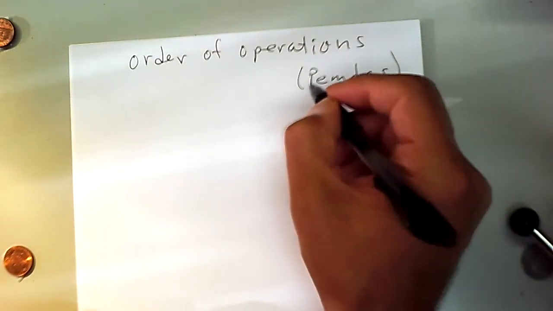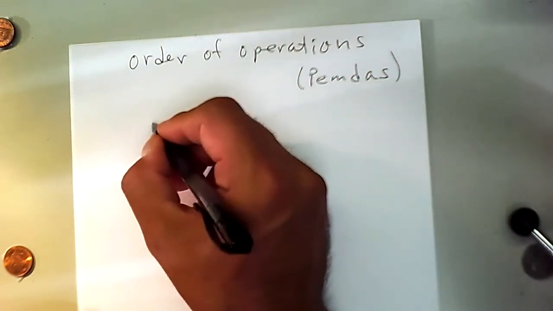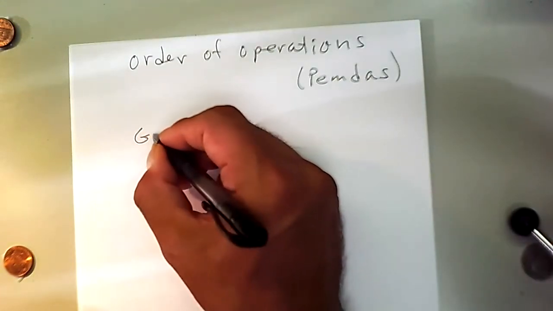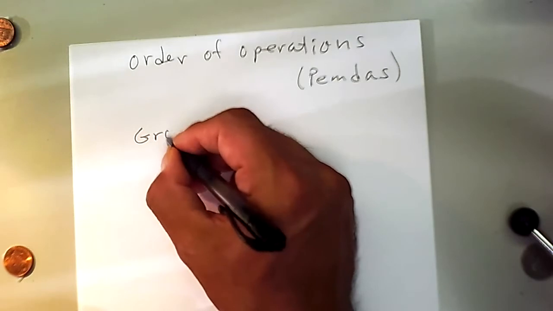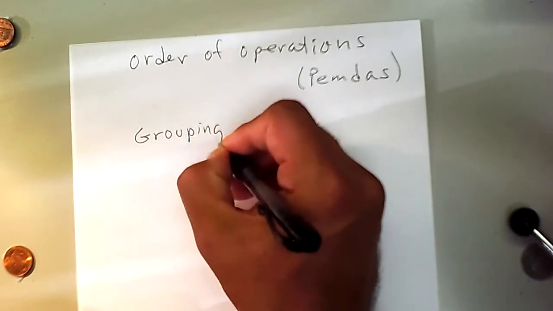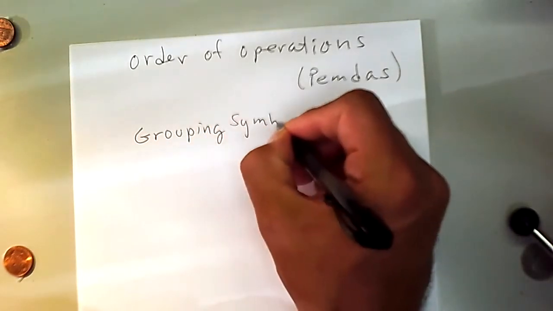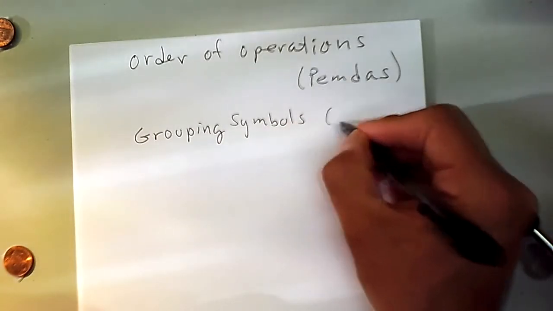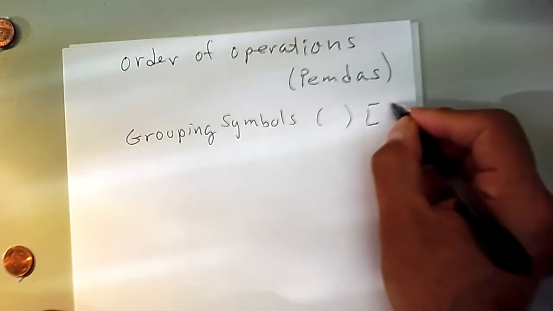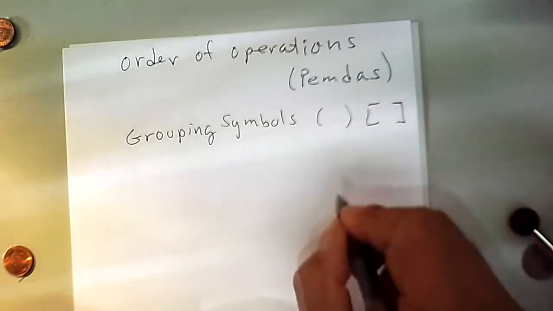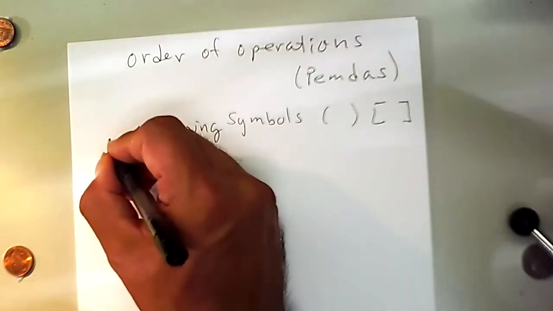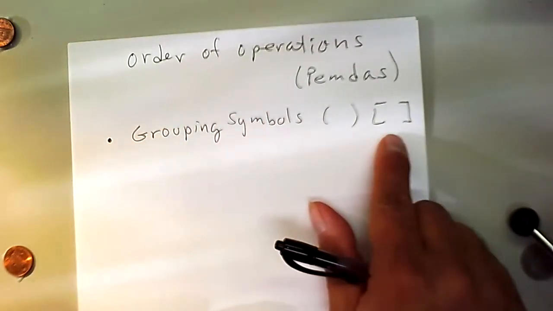By parentheses, we mean any grouping symbol. So give priority to grouping symbols. The grouping symbols that we have are usually parentheses, but we can have brackets, and there are other grouping symbols we may use.